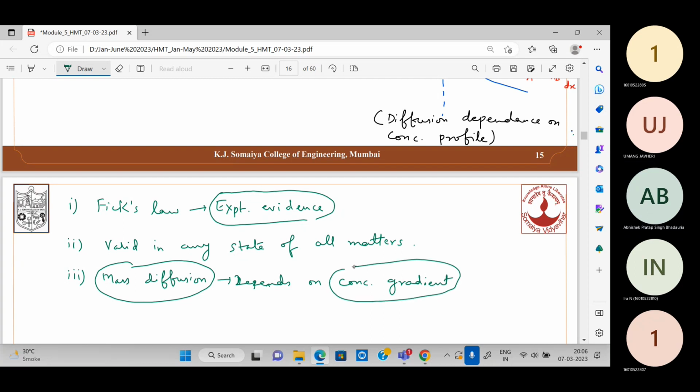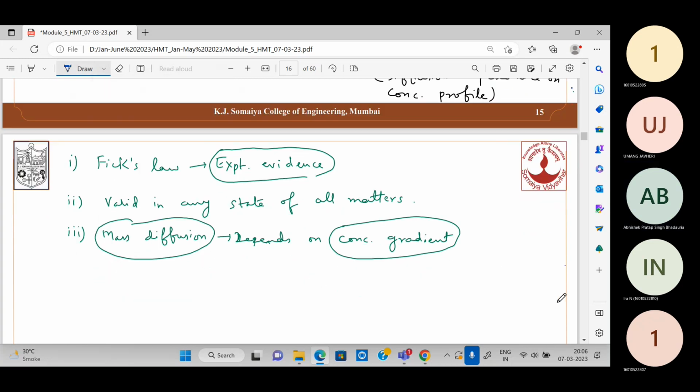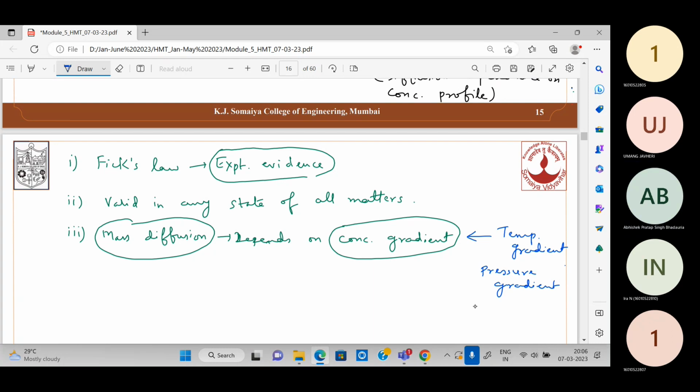And this concentration gradient is caused by a temperature gradient, a pressure gradient, or some external force.